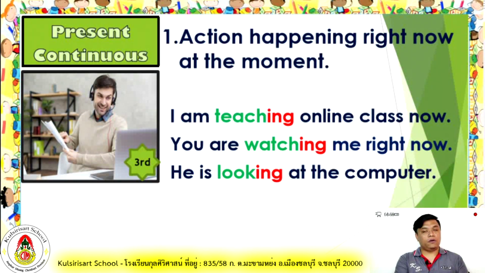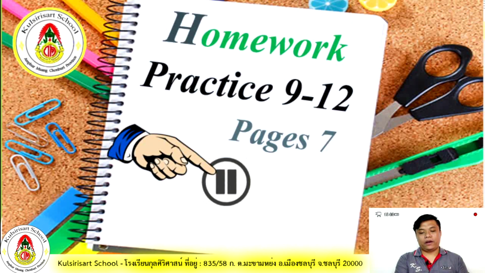I'm teaching online class right now. You're watching me right now. And he is looking at the computer now. So we have the ing forms. Remember, okay, for our homework, please answer practice number 9, 10, 11, and 12.